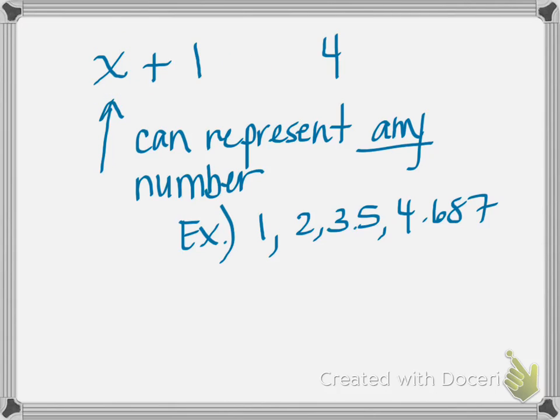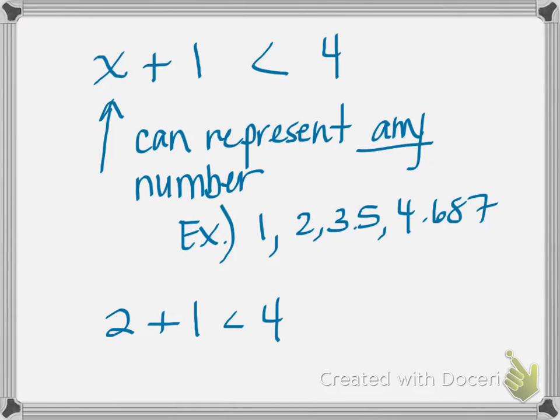However, we could also say that x plus 1 is less than or equal to 4, meaning that x can be any number like we said last time, but also a number that makes it equal to 4. So, for example, if we had less than, could x be 2? Let's try it out. 2 plus 1 is less than 4.